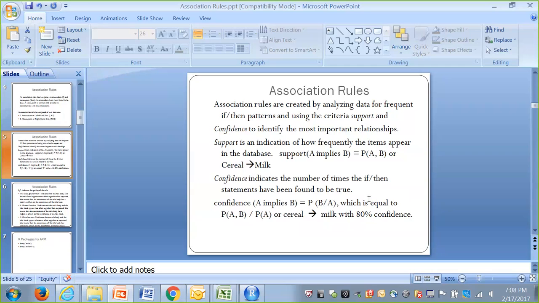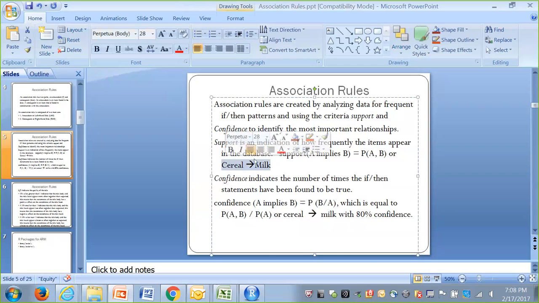The support is how frequently the item shows up in your database. So basically what we're talking about is, how often does that combination appear, right? Then you look at the confidence as the number of times it appears. So it's a difference. One's a frequency and one's a number. It's very different when you look at stats, right? One's basically a percentage.